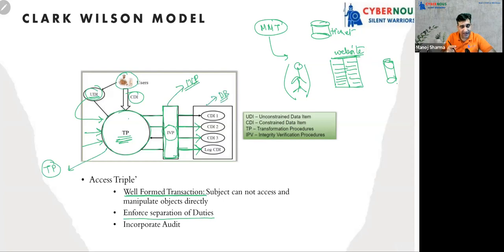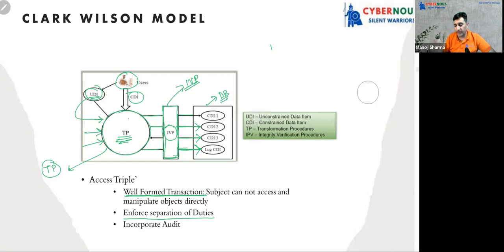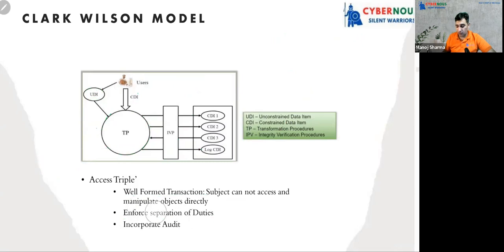This makes sure that a particular critical process end-to-end is not owned by a single person and will not lead to a fraud. Because when a particular person is managing a process end-to-end, there is a high chance that a fraud will happen. So that is why it is very, very important to implement separation of duties.